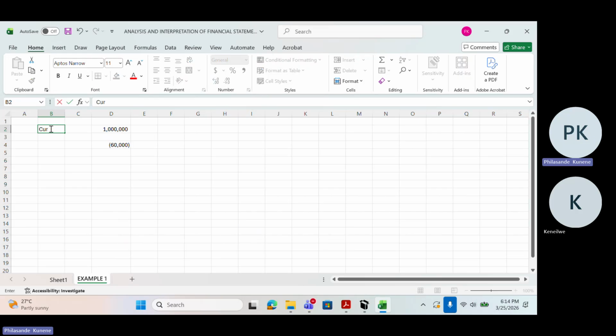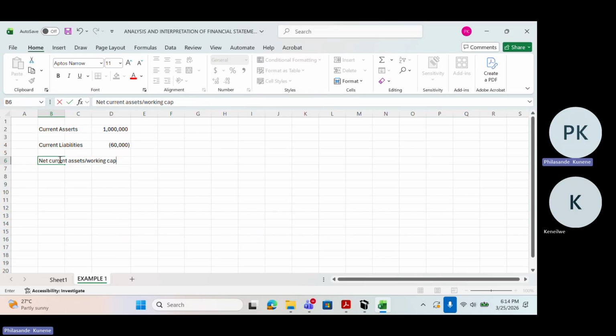If these are current assets, and then here I have current liabilities, which means it has to be like this. Then my net current asset is going to be these two. So here I'm going to have net current asset or net working capital. Net current asset or working capital.